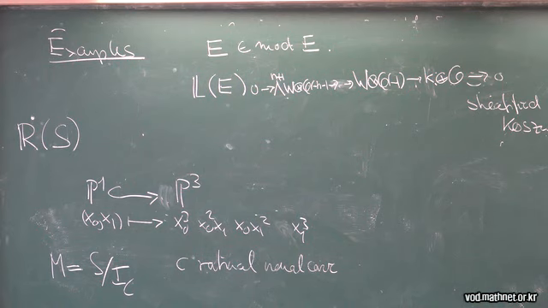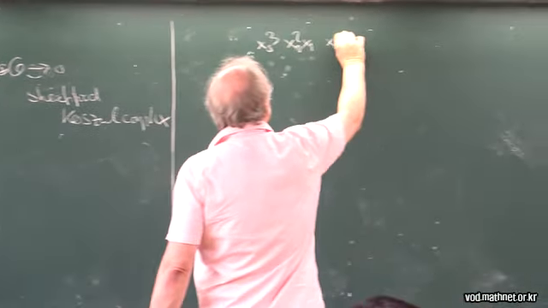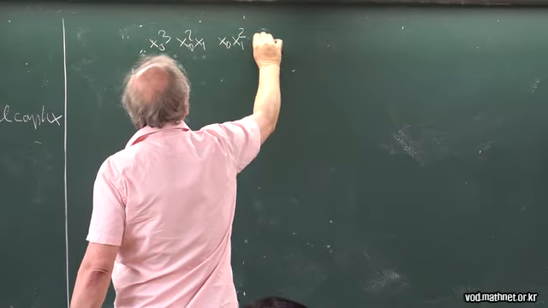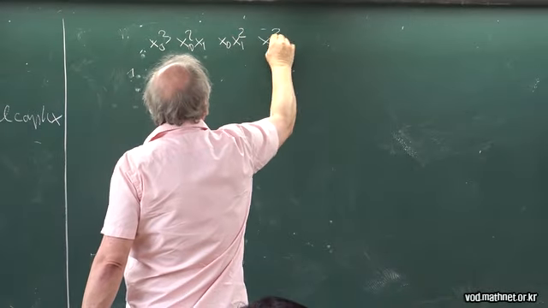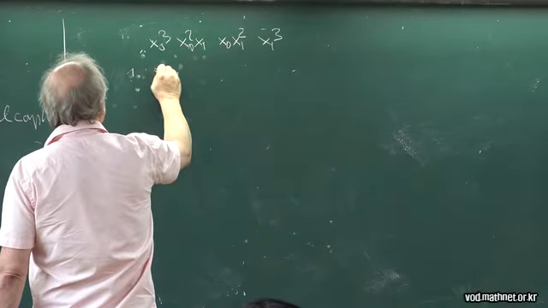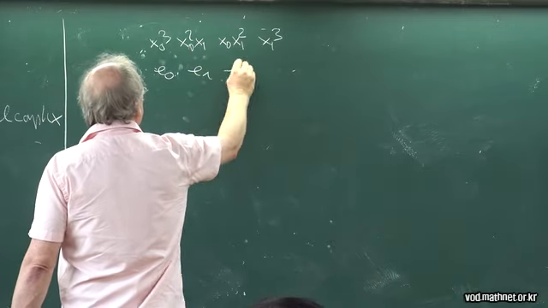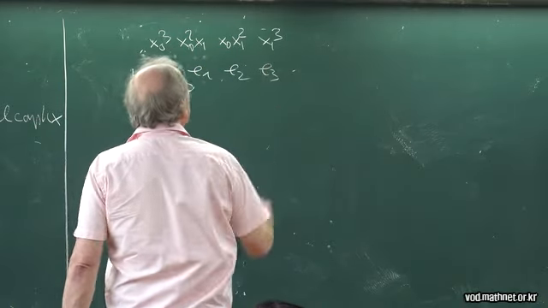We start out with 1, and we have the basis x0 cubed, x0 squared x1, x0 x1 squared, x1 cubed. So here we have E0, E1, E2, E3.